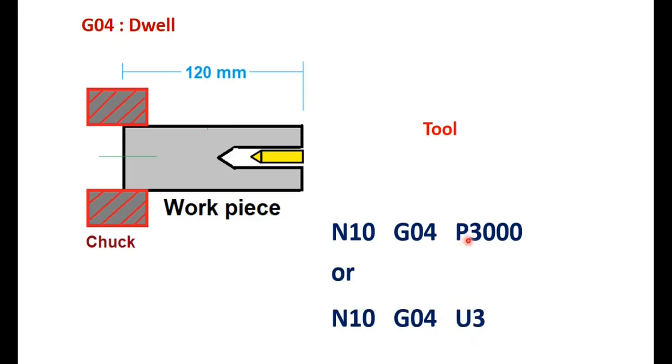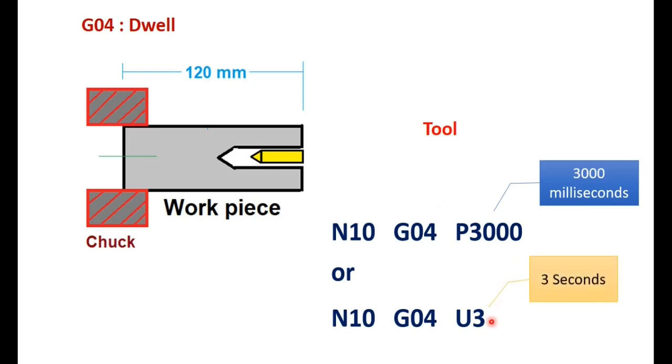So what is this P3000? 3000 is nothing but 3000 milliseconds. The tool goes here, waits for 3000 milliseconds and then comes out. If I want to use seconds directly instead of milliseconds, that is U3. 3000 milliseconds is nothing but 3 seconds. So the tool will go inside, drill, wait for 3 seconds and then come out.